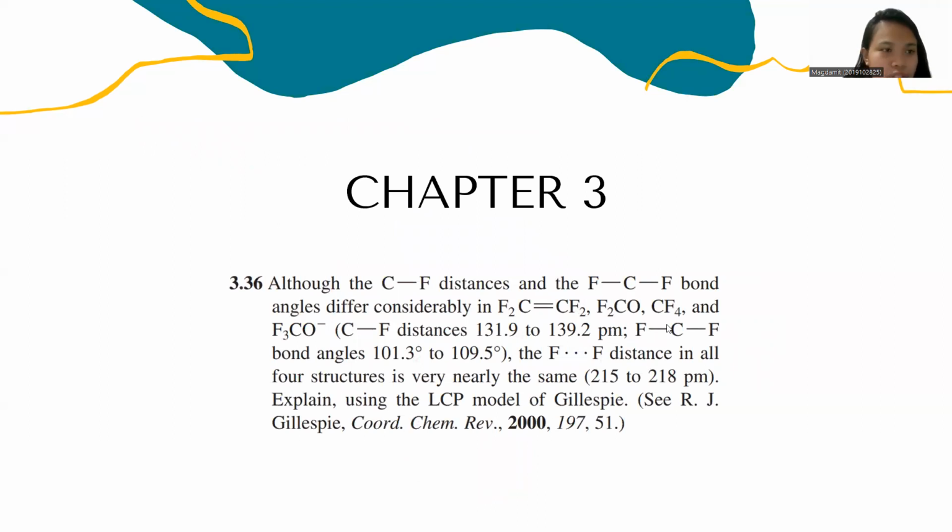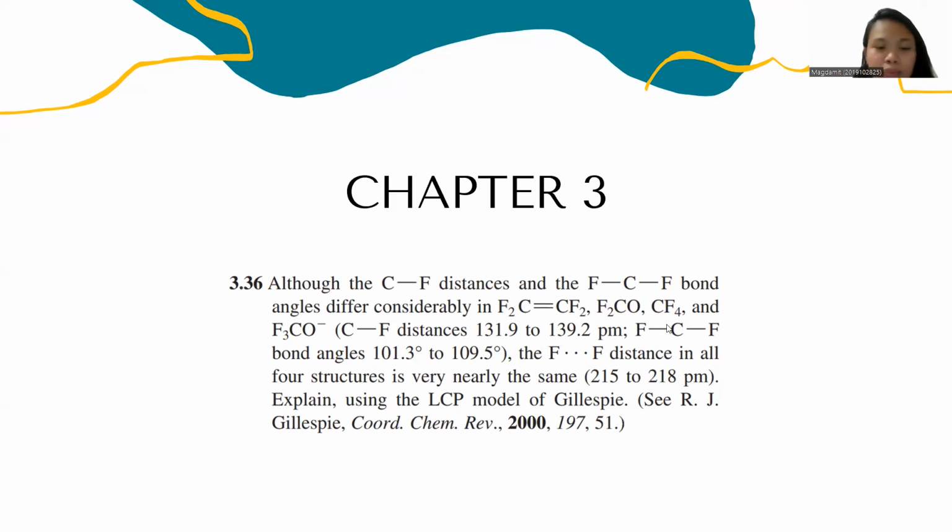Chapter 3, question 3.36. Although the carbon-fluorine distances and the fluorine-carbon-fluorine bond angles differ considerably in tetrafluoroethylene, carbonyl fluoride, carbon tetrafluoride, and the anion of F3CO, the fluorine-fluorine distance in all 4 structures is very nearly the same, in the range of 215 to 280 pm.